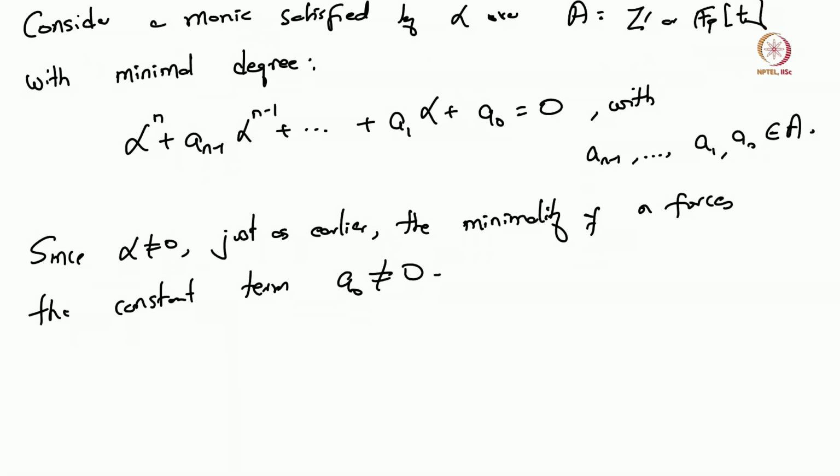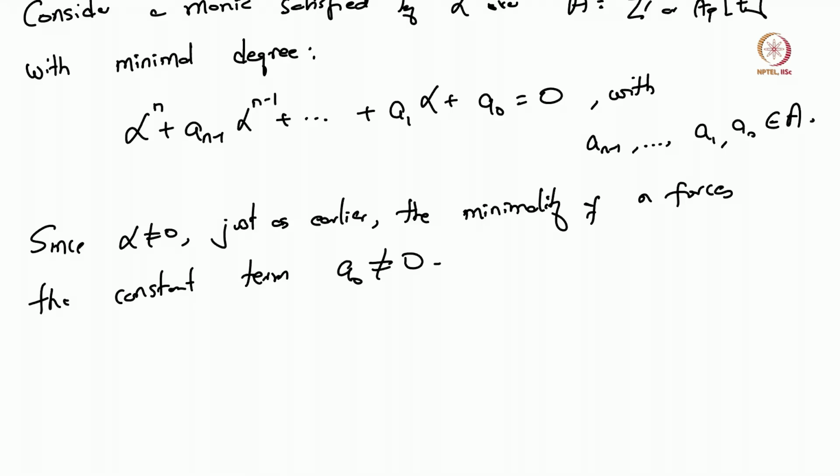Okay, but what's a naught? Again, if you just solve for a naught, moving everything to the other side, you get that a naught is minus alpha to the n plus a_{n-1} alpha to the n minus 1 and so on and so forth plus a1 alpha.